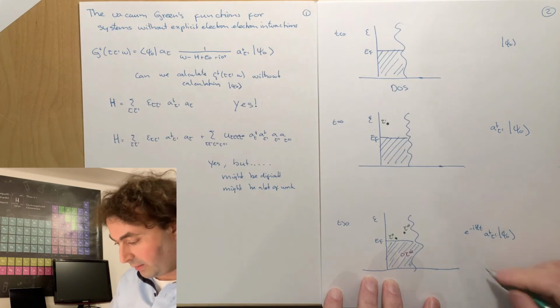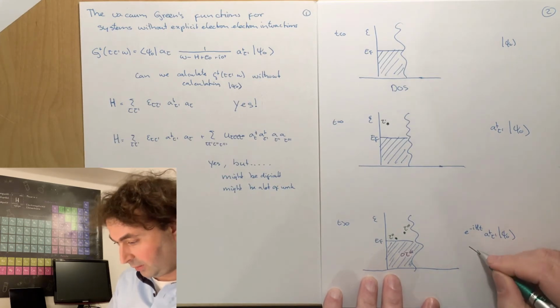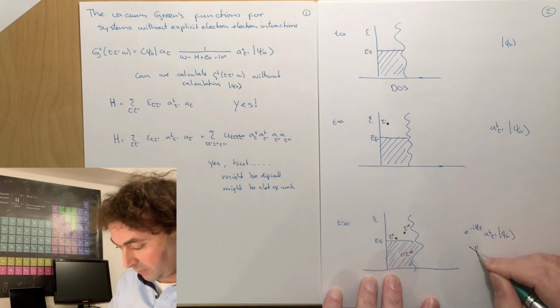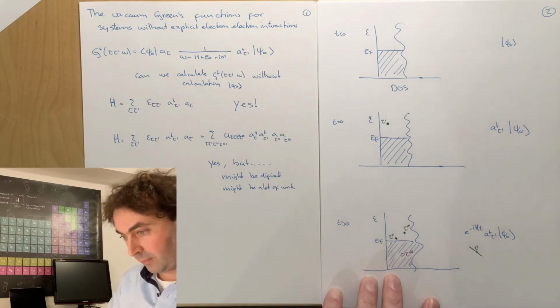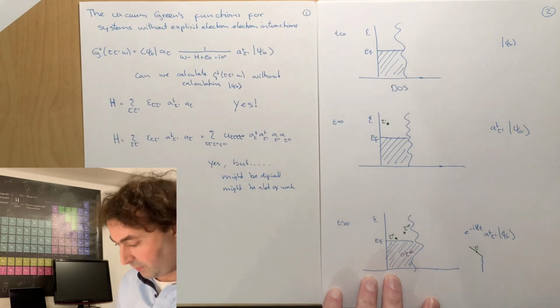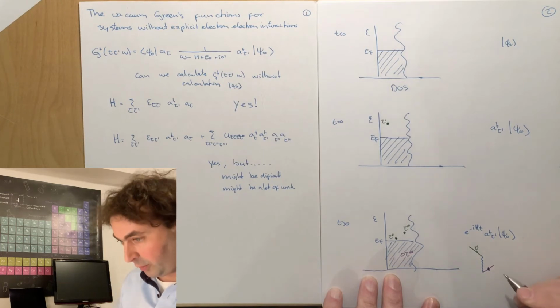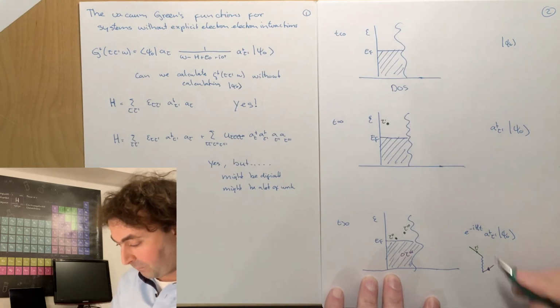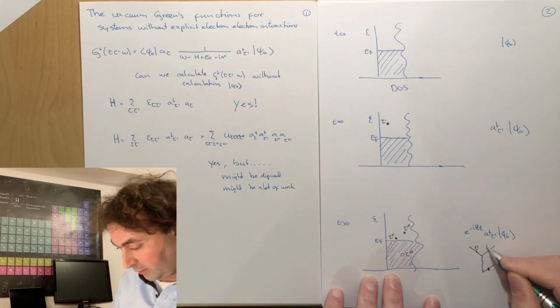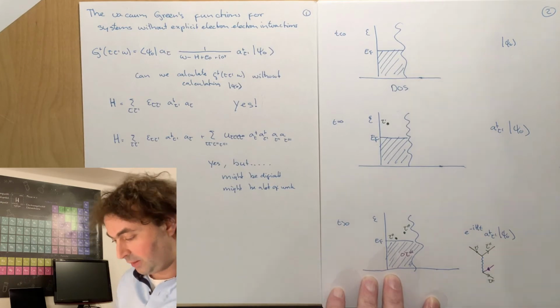So in terms of diagrams, I have my electron in tau prime, which is occupied. It then scatters from an electron that sits below the Fermi energy, and I get a new electron, or an electron in a new orbital, and an electron in an orbital.